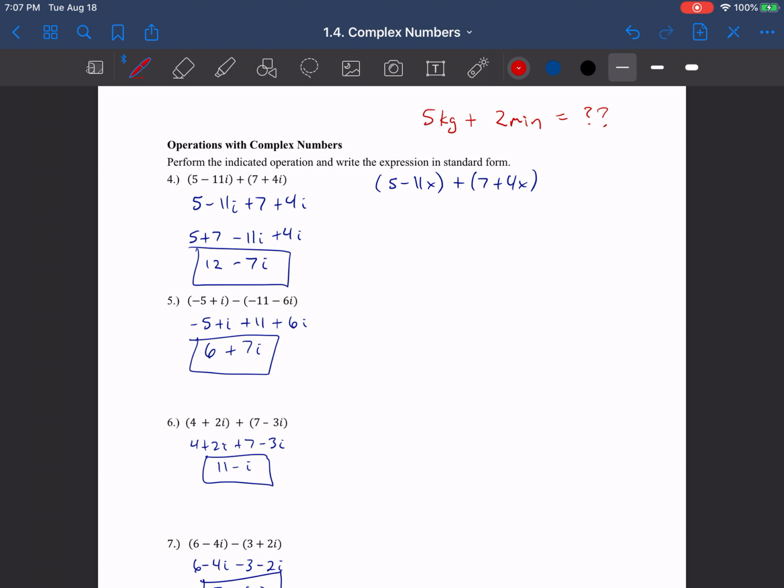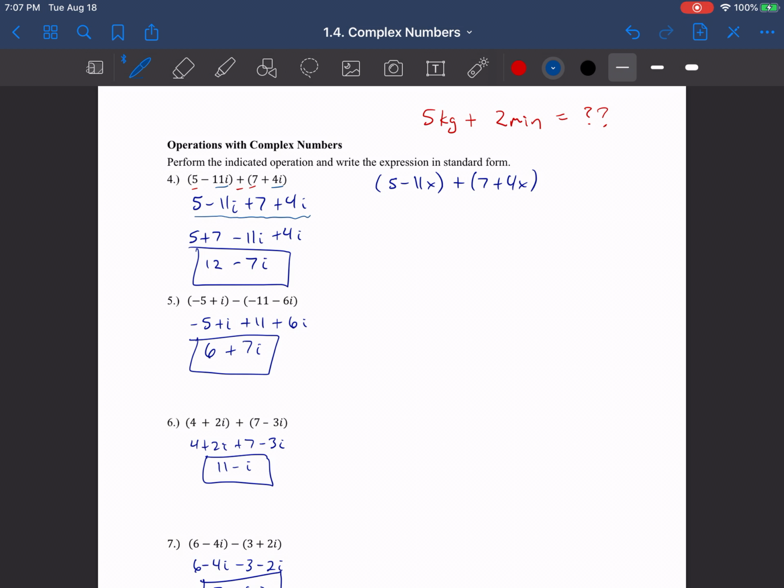You can't combine them. So what we do when we go to do an addition of two complex numbers is you add real to real, and then you add the imaginary components to the imaginary components like that. And so we'd have 5 minus 11i plus 7 plus 4i.